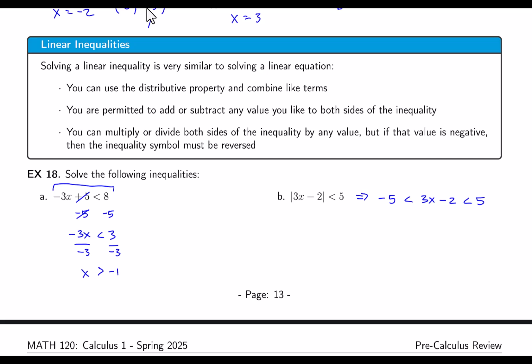But you just set it in between those terms, basically. So you're saying you want to know where 3x minus 2 is greater than -5 and less than 5, right? And the reason for that is absolute value, its graph is like a V, all right? And then a constant function 5 is kind of like this.